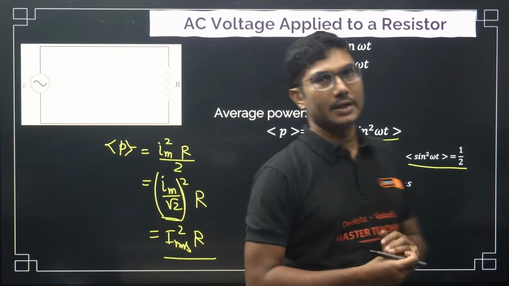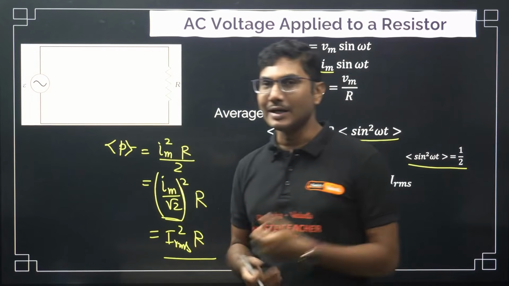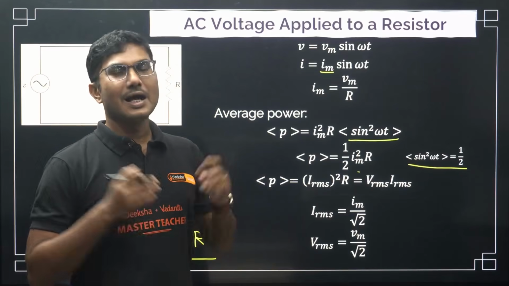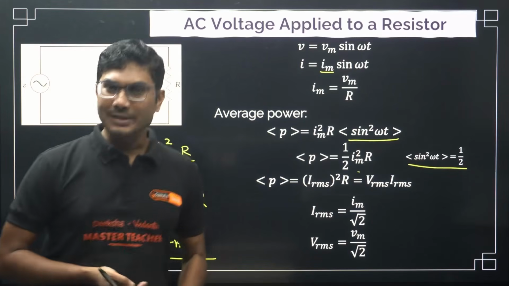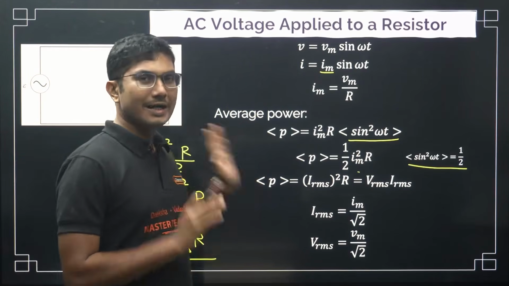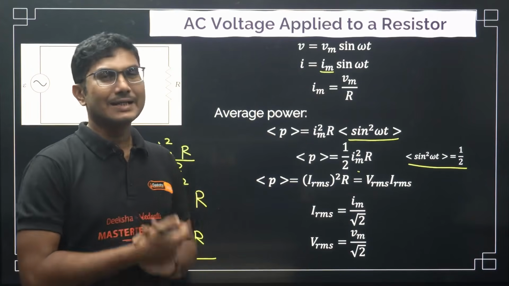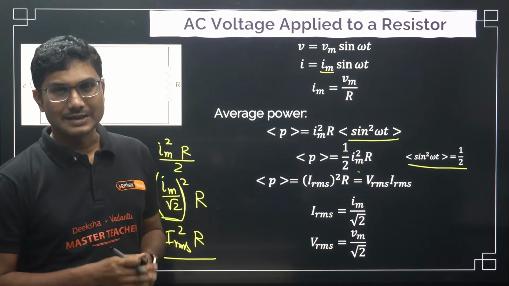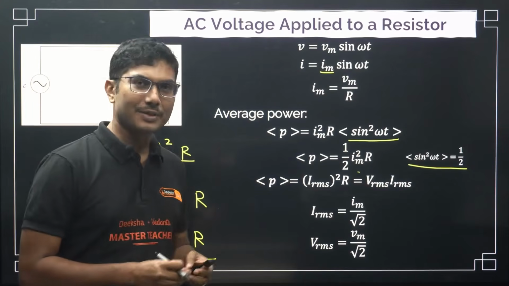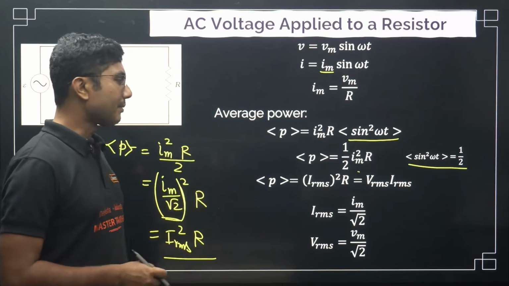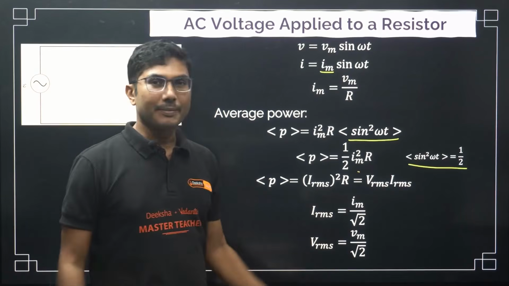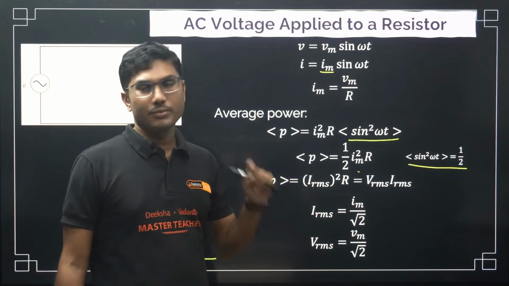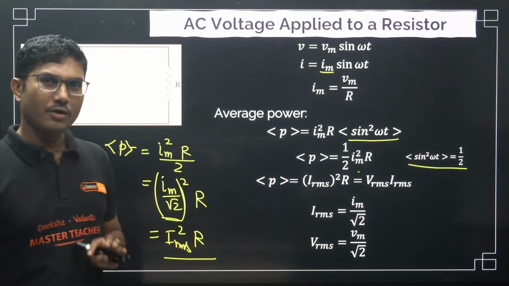You have to remember that. If I say 110 volt AC, 110 volt represents the RMS voltage. In most cases, if I say something with AC, that represents the RMS value. If I say 2 ampere AC, it's the RMS current. And RMS is very easy to calculate. It is the maximum value of current divided by square root of 2, exactly square root of 2.